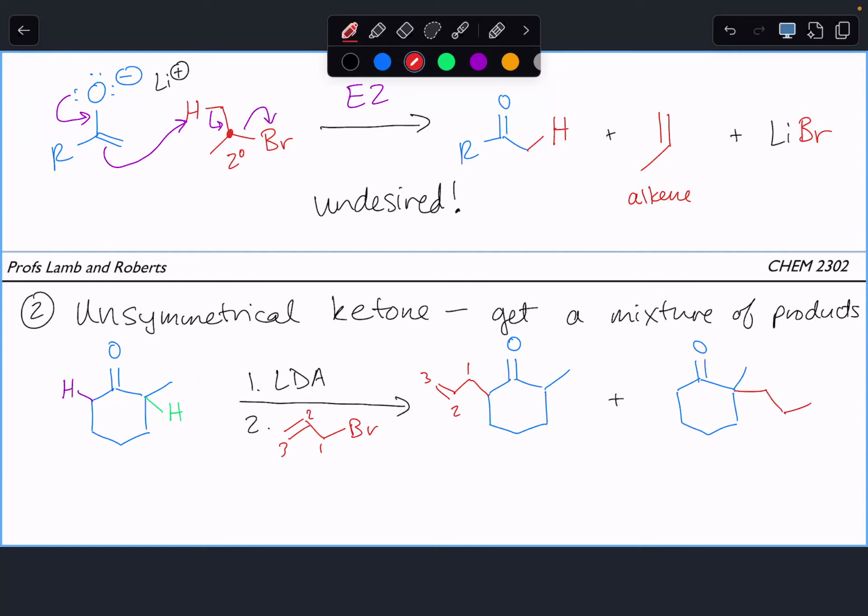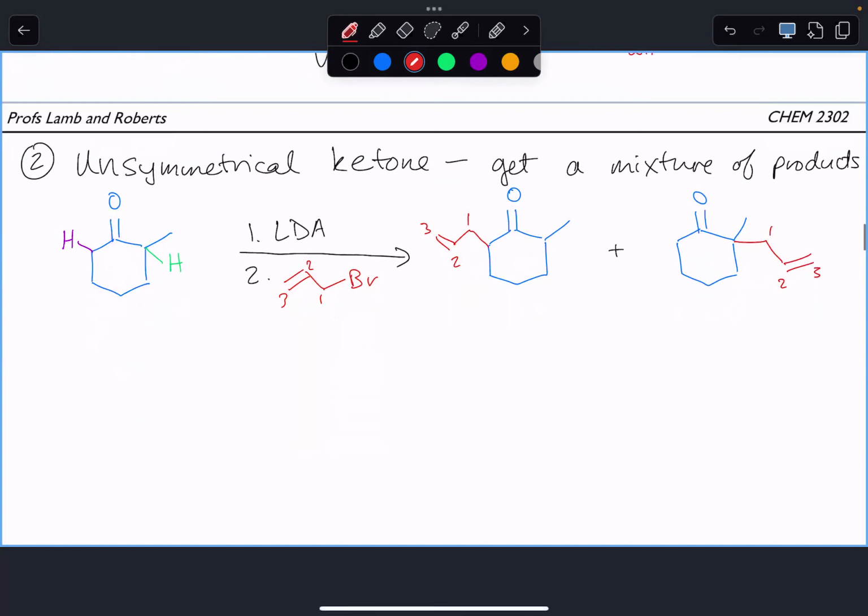1, 2, 3. And the reason that this happens is because we can form two different enolates. So if we just break down that first step, we could form an enolate on each side.